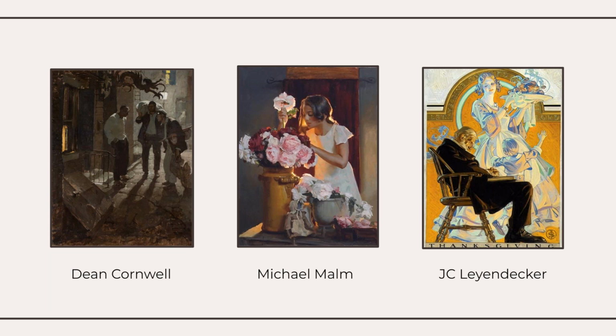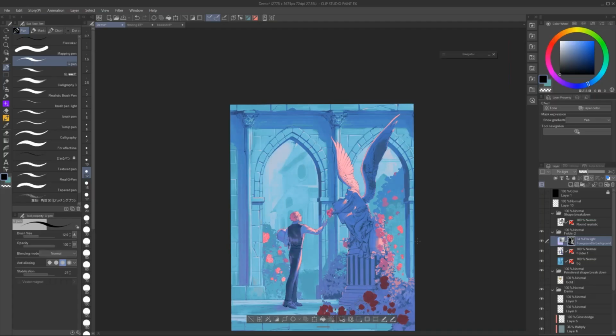Here's another question from John Dillon: do you use any texture in your work, or is the texture created by the brushes you use? Oh, yes. I usually use a round brush from the start. It's just easier to wrap my head around.